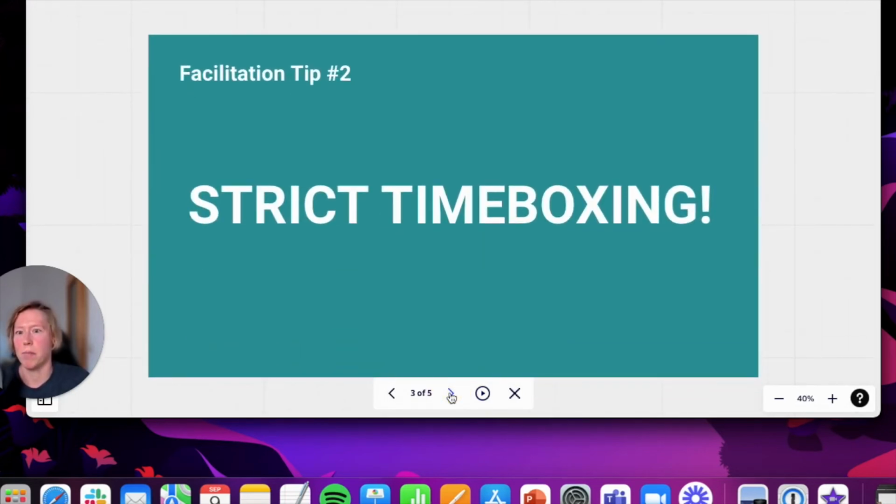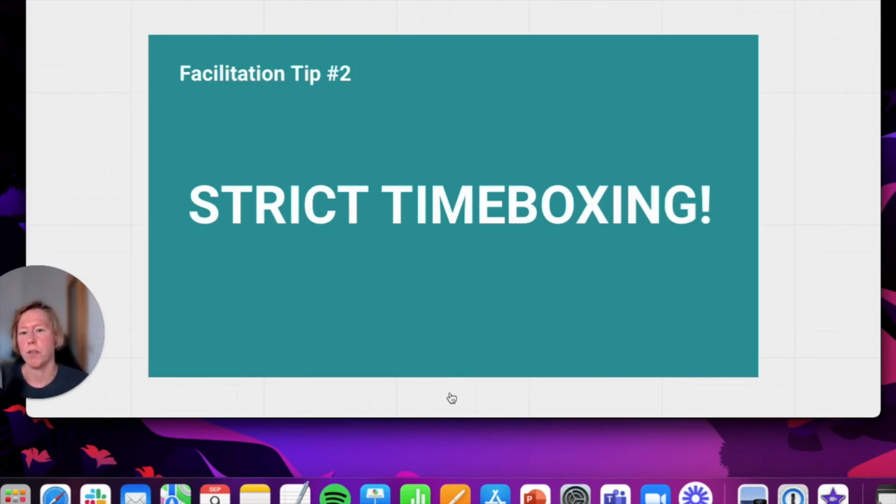The second tip is strict time boxing. I've told you this before. People will learn to really think about what they want to say, do it in a concise and concrete way, and not to ramble on. Plus, it creates some kind of tension and positive pressure to not overthink, right?